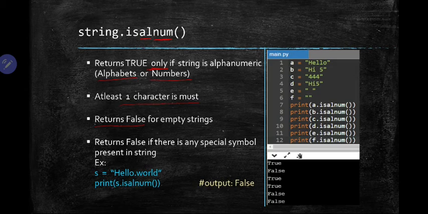Also, as I told you, if there is any special symbol present, what could those special symbols be? It could be at the rate, dot, comma, hash, space, underscore, plus, minus, all these special signs. If any of these signs is present, then it will return false. Check out this example.